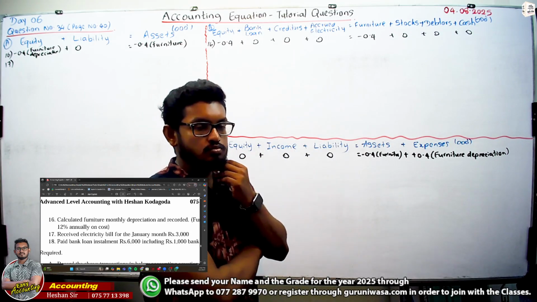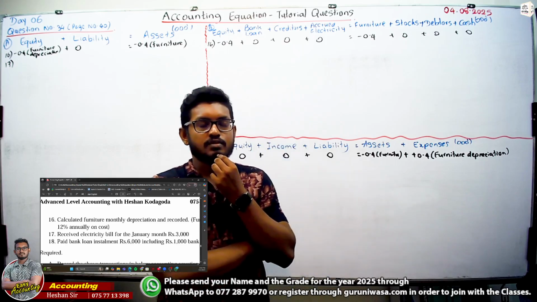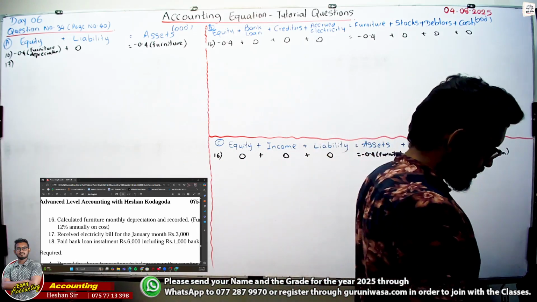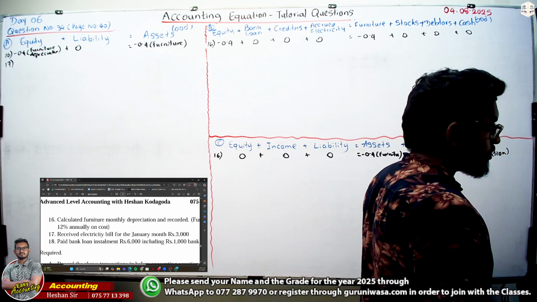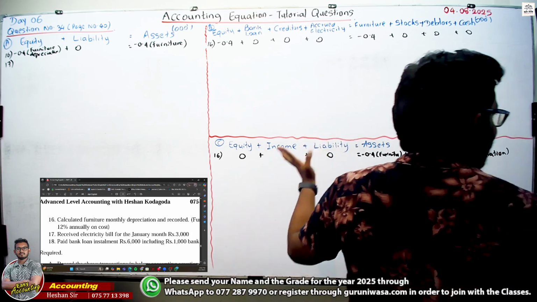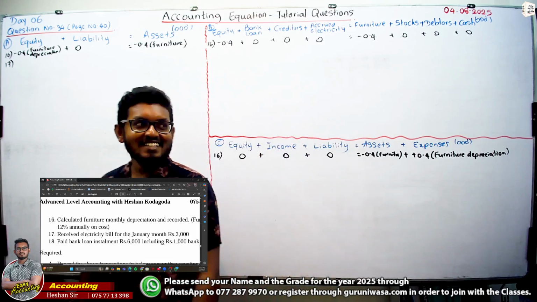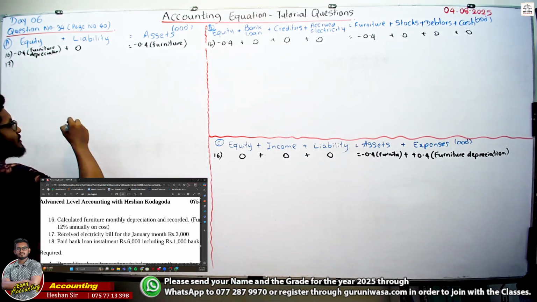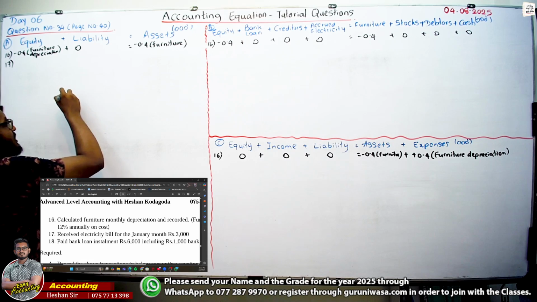Now, how do we record? Rent account debit, cash account credit. In the accounting equation, how do we record? Now we paid rent 12,000, right?